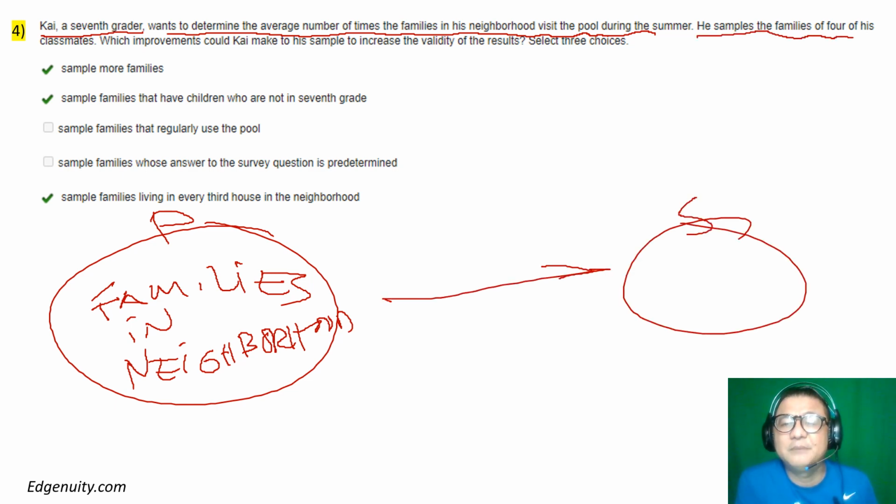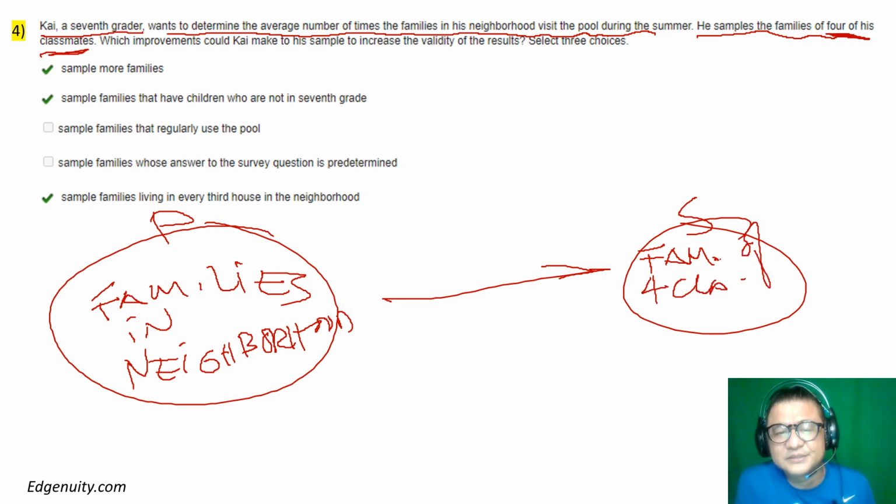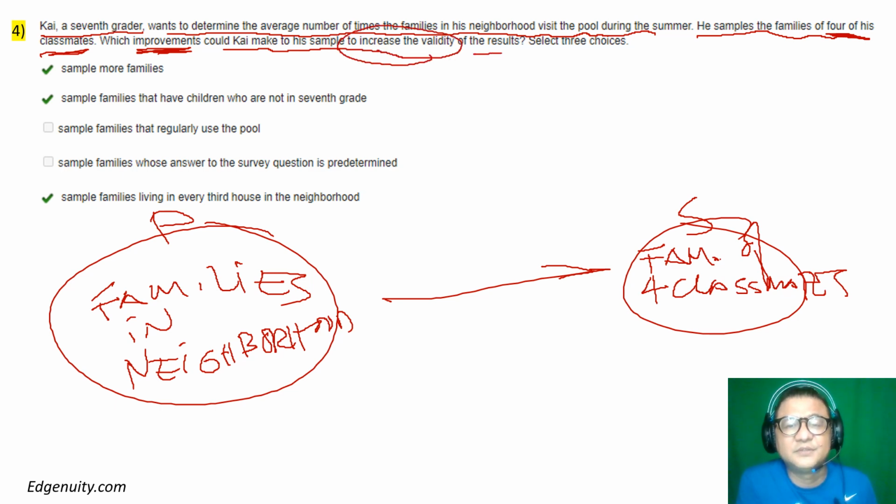He samples the families of 4 of his classmates. Which improvement could Kai make to his sample to increase the validity of the results? That's okay because these families of his classmates are from the neighborhood, but he just chose 4 to survey. Sample more families, not just 4.